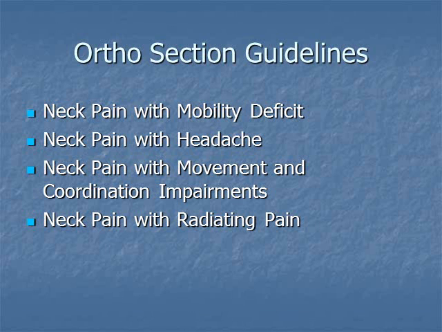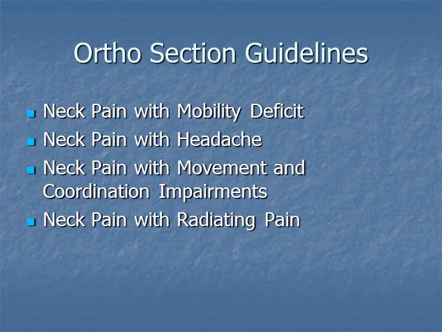In these orthopedic section guidelines, they now have 4 classifications. Again, my simple mind was much happier because now I only have to remember 4 things instead of 5, which is a whole lot better than 14. We have neck pain with mobility deficits, neck pain with headache, neck pain with movement and coordination impairments.